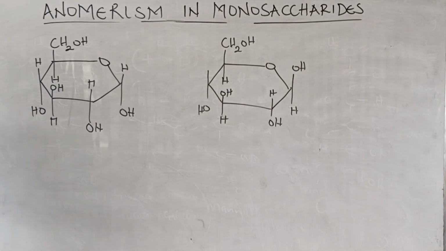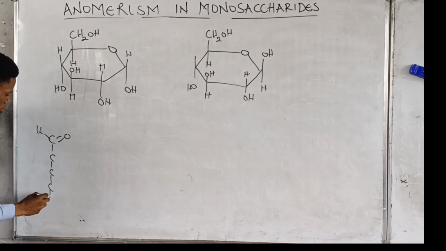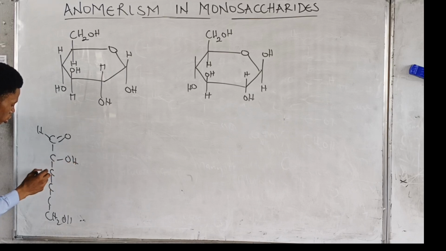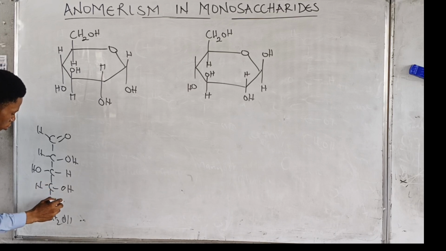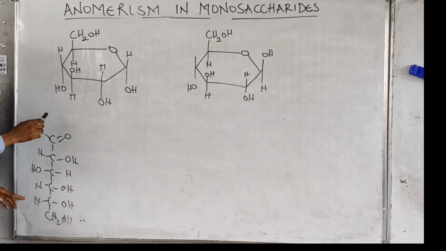If you notice, this is the structure of glucose, the same glucose we've been drawing since. The one we do like this. Now, this one is glucose. This is also glucose. But the difference is this one is the straight chain, right?